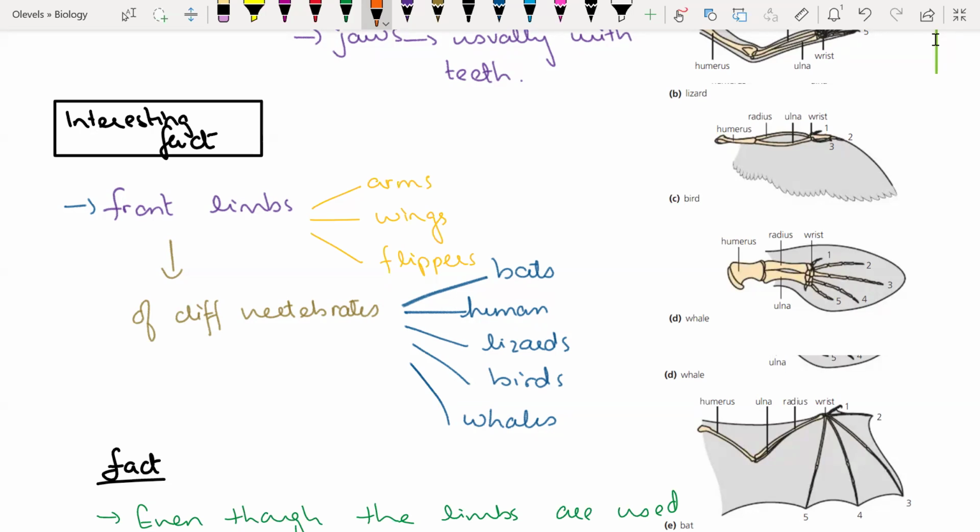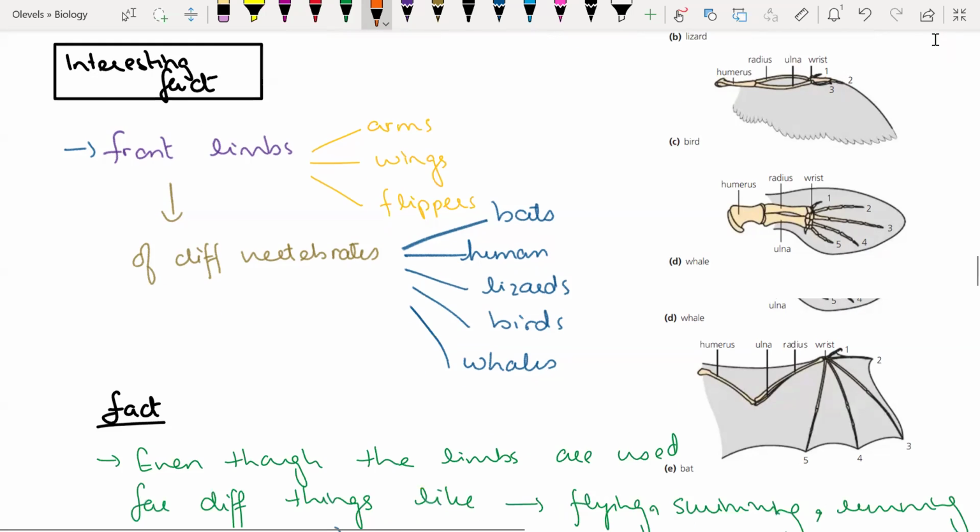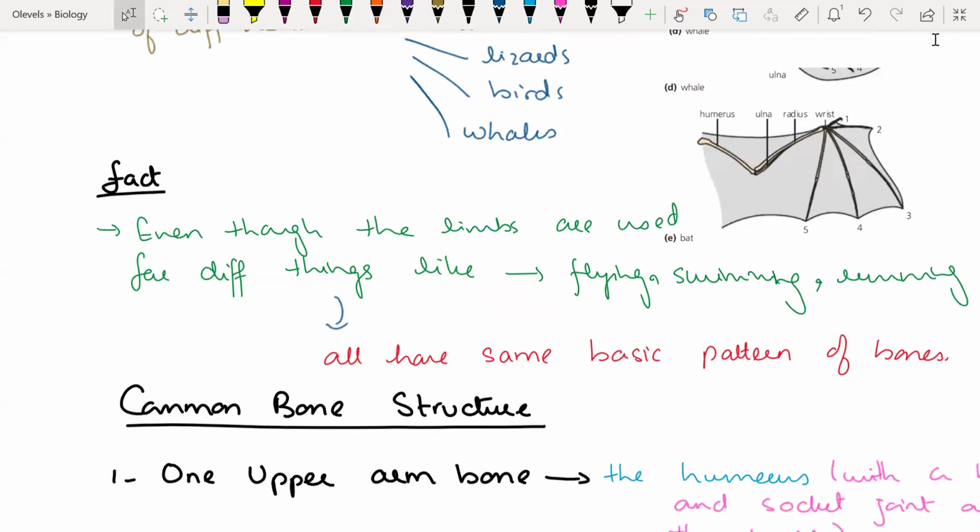But all of those are considered to be their front limbs. Those different vertebrates could be bats, humans, lizards, birds, whales. Even though the limbs are used for different things, like flying, swimming, running, all have the same basic pattern of bones, right?